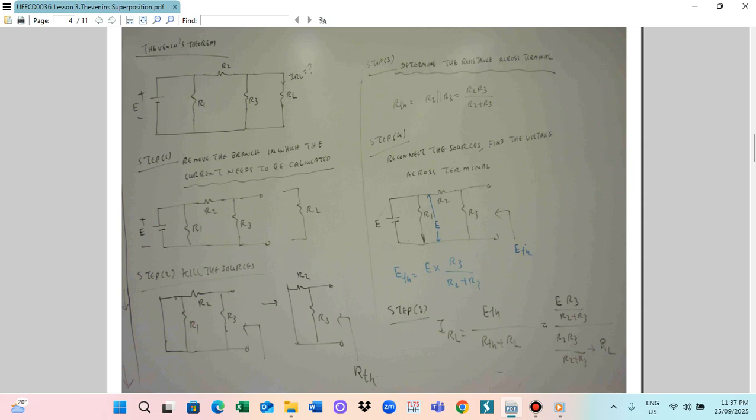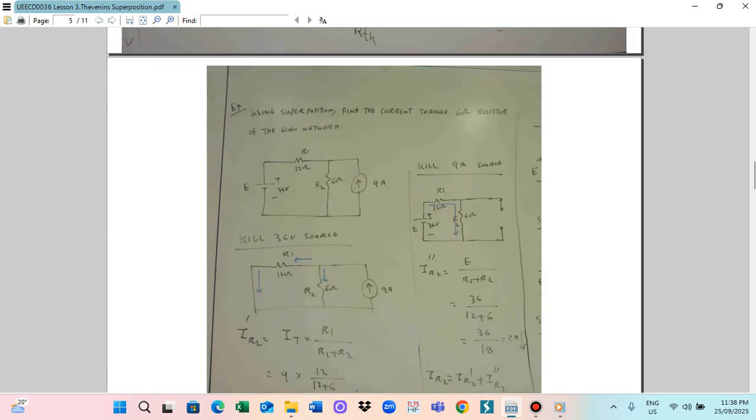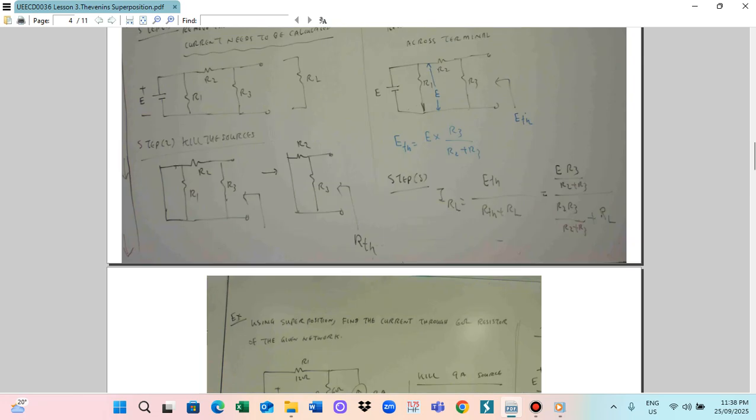ETH is E multiplied by R3 divided by R2 plus R3. And RTH we already calculated: RTH means R2 R3 divided by R2 plus R3, plus RS. And you get the current in the branch. So this way we can solve Thevenin's theorem. This is the way to solve Thevenin's theorem.